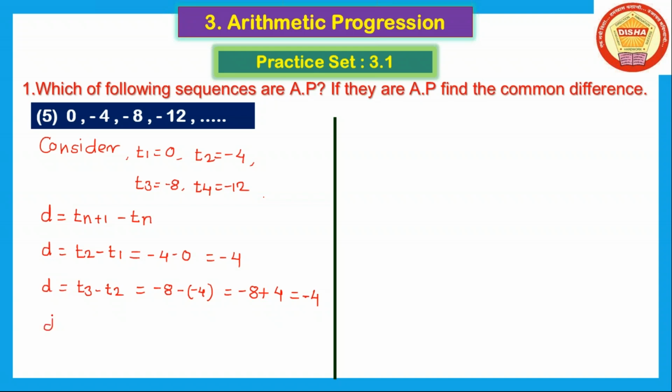Again we find D for the next, that is T4 minus T3. T4 is negative 12 minus negative 8. Okay. Negative 12 plus 8, that is equal to negative 4. See here, the common difference for first one is negative 4, second one is also negative 4, third one is also negative 4.